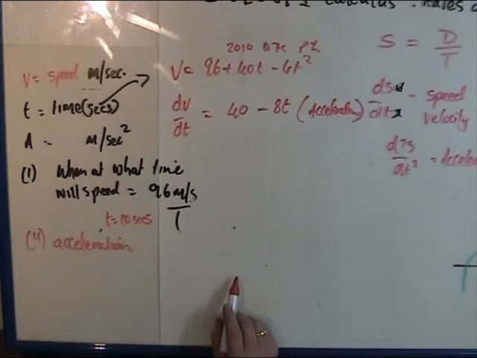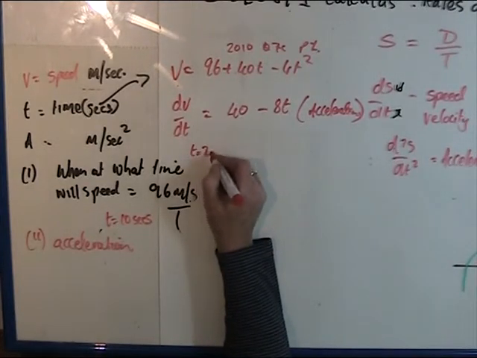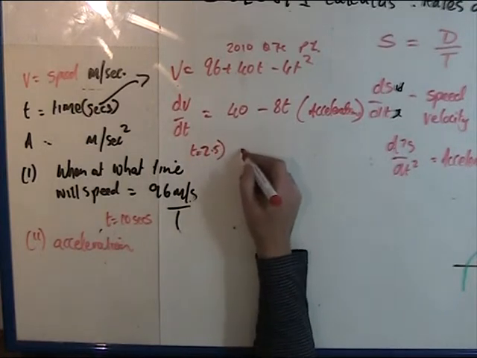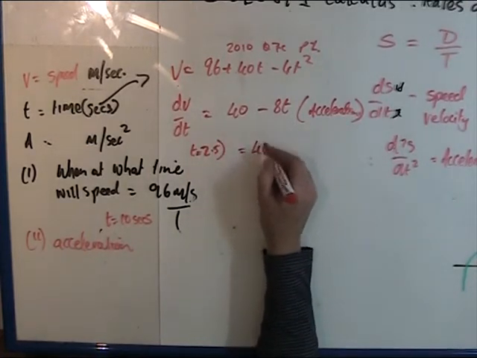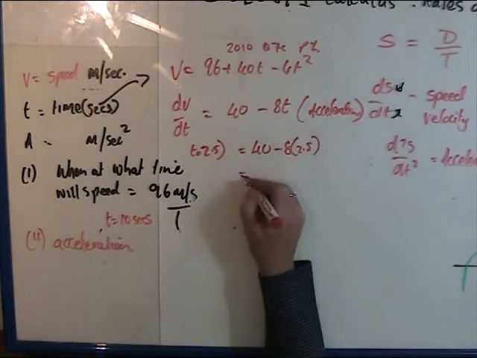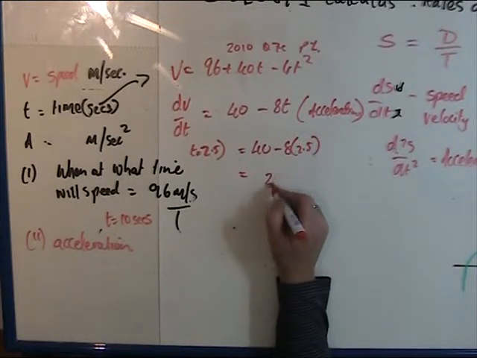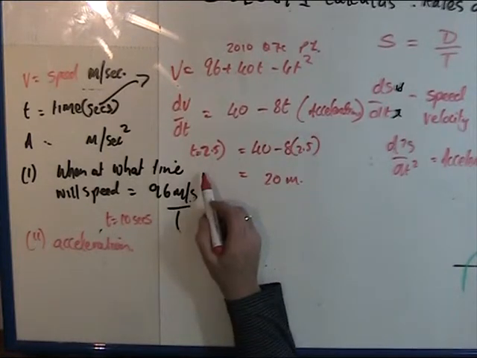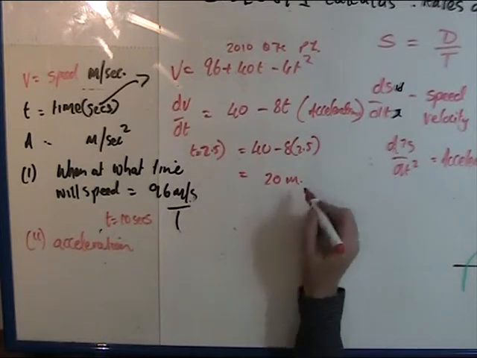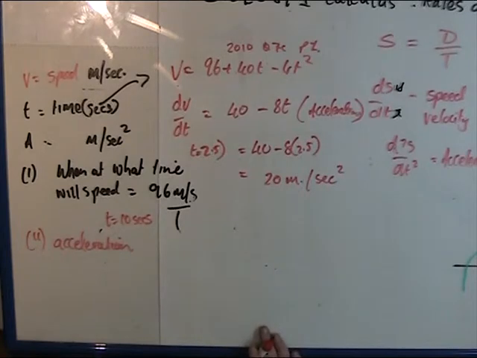Now, back to the question: what will the acceleration of the object be at 2.5 seconds? So when t equals 2.5 seconds, what's the acceleration going to be? Well, there's the formula for acceleration. Put in your seconds and you get out an answer, which works out as 20 meters per second squared.